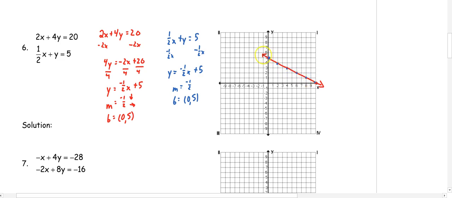Remember from first semester, when we have overlapping lines, that means our solution is going to be infinitely many. So remember, this is one of our special cases. Whenever our lines overlap, we have infinitely many solutions.